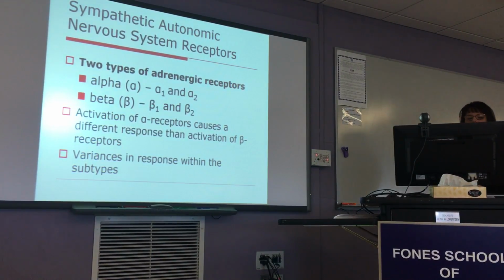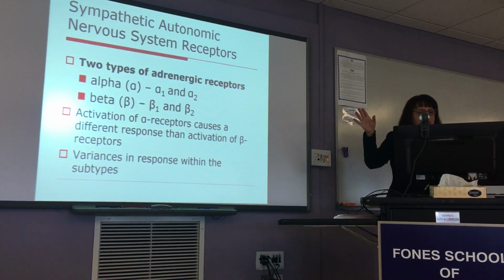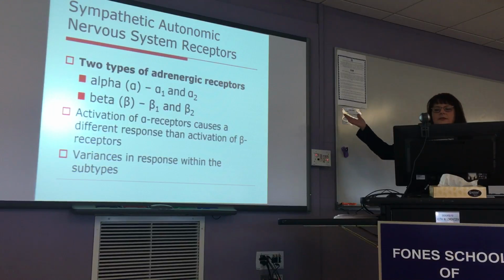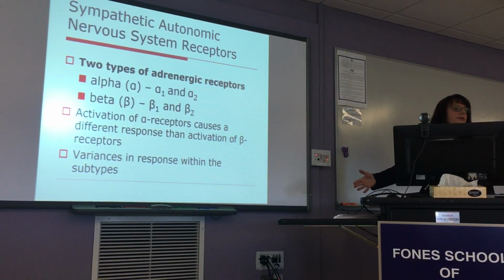The beta, there's beta 1 and beta 2, okay? Activation of the alpha receptors causes a different response than the activation of the beta receptors. It's very complex, okay? And there's variances of responses in the different subtypes. I'm sorry, but there just are. And when we learn about the different drugs and how they have an effect and why you should know whether it's an alpha or a beta, it will make a little bit more sense, okay?